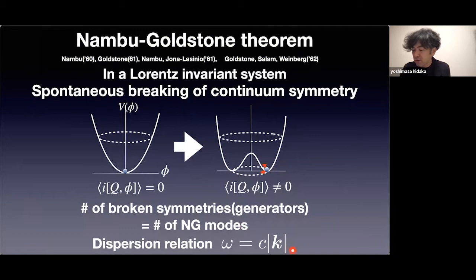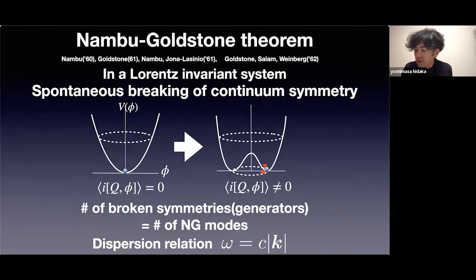So this relation holds. Roughly speaking, the Nambu-Goldstone theorem claims that when symmetry is spontaneously broken, there appears some flat direction of the potential. This is a figure of the potential. Both potentials are symmetric under rotation along this axis, but the minimum point is different.